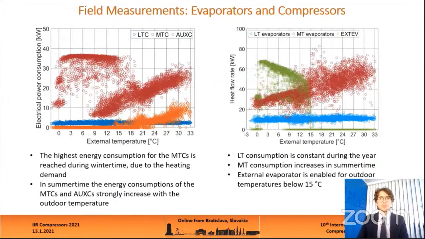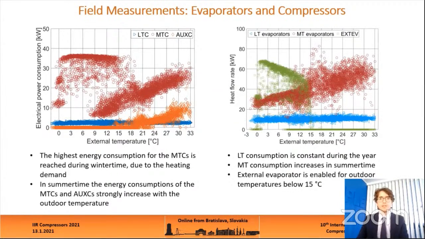Regarding evaporators and compressors, the figure on the right shows that as the external temperature increases, the LT consumption remains constant during the year, while the MT consumption proportionally increases.